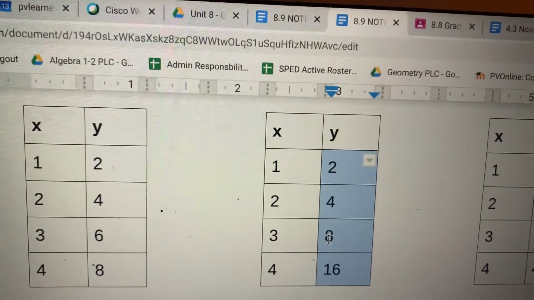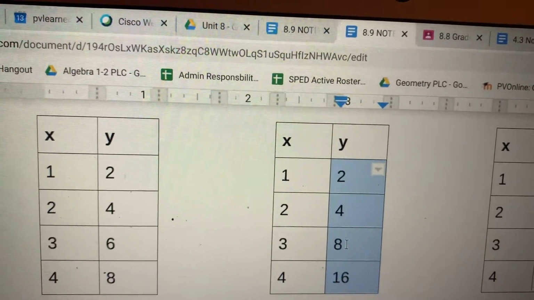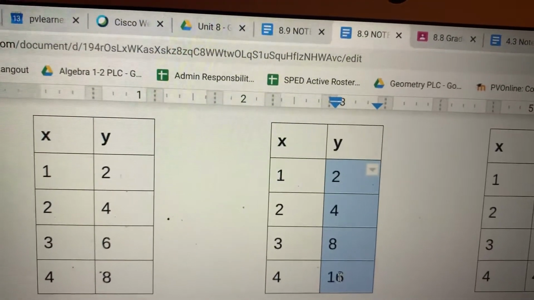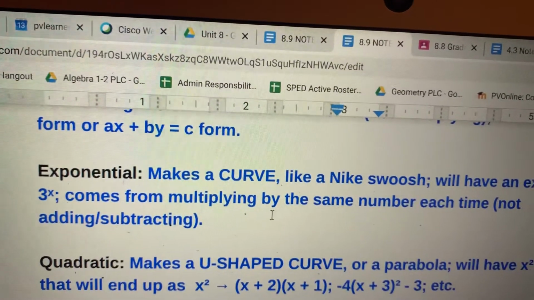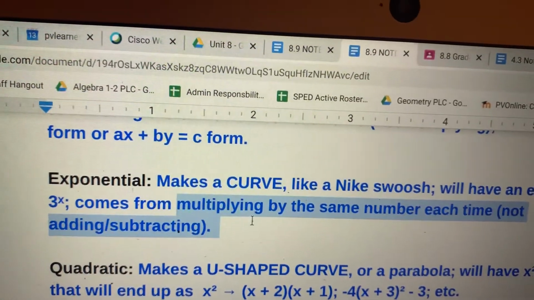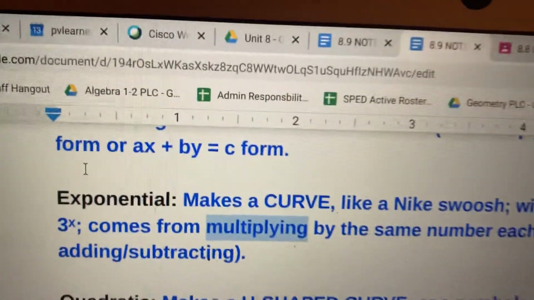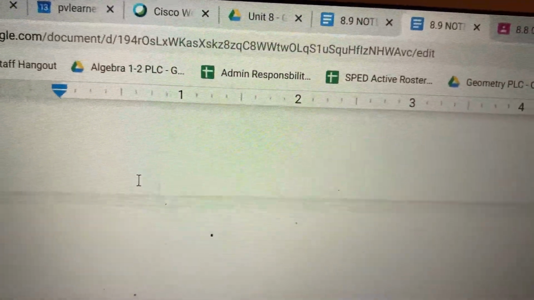Let's see if we're multiplying. 2 times 2 is 4. 4 times 2 is 8. 8 times 2 is 16. So we're multiplying by 2 each time. So when we multiply by the same number, multiplying gives us exponential, okay? So we know that that middle table is exponential.